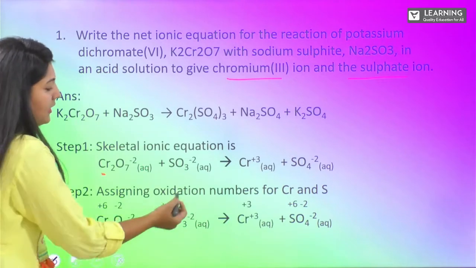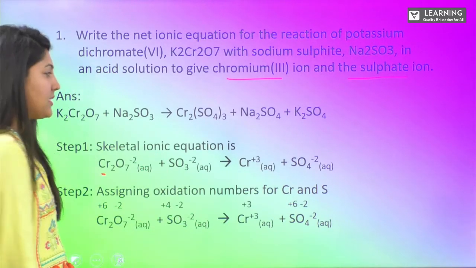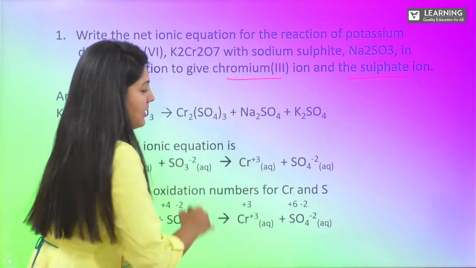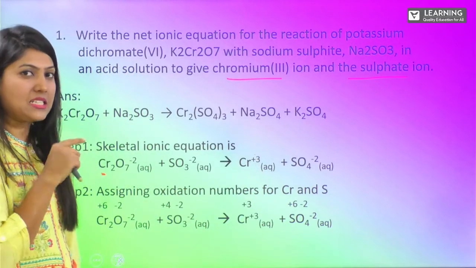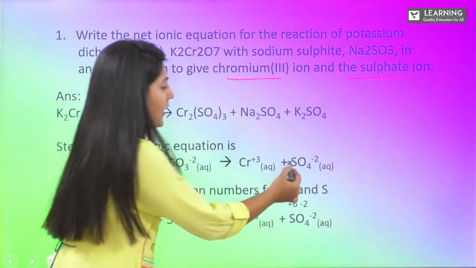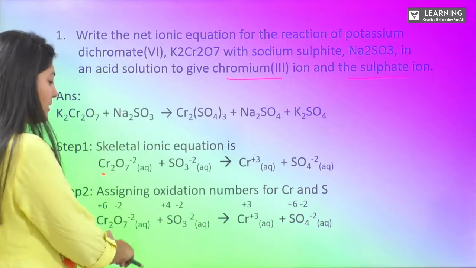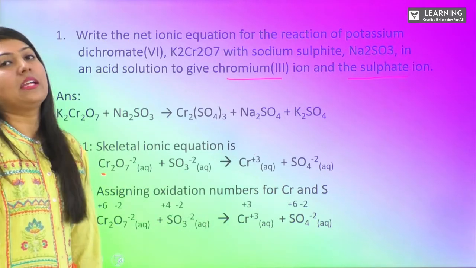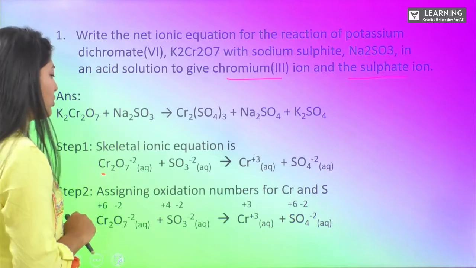Sulfur here is +4, oxygen is -2 as it is. And here chromium is +3, as we can see only a chromium ion is there with the charge +3. Whereas for sulfate, we have +6. I think you can understand how to calculate this. If not, in the previous class we discussed this, so you can get back to those videos.